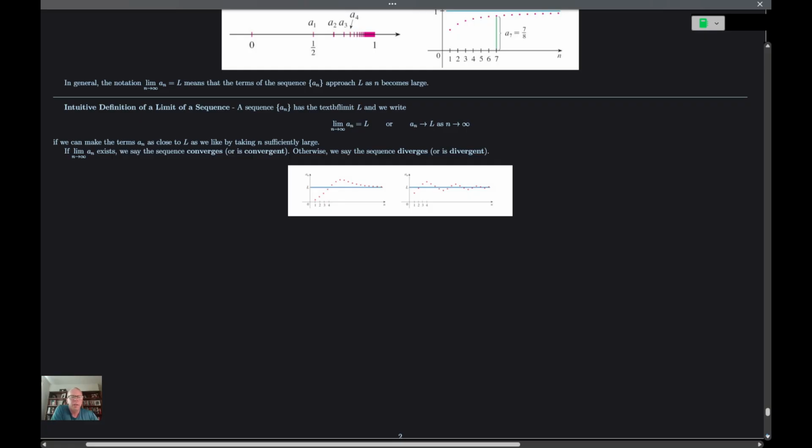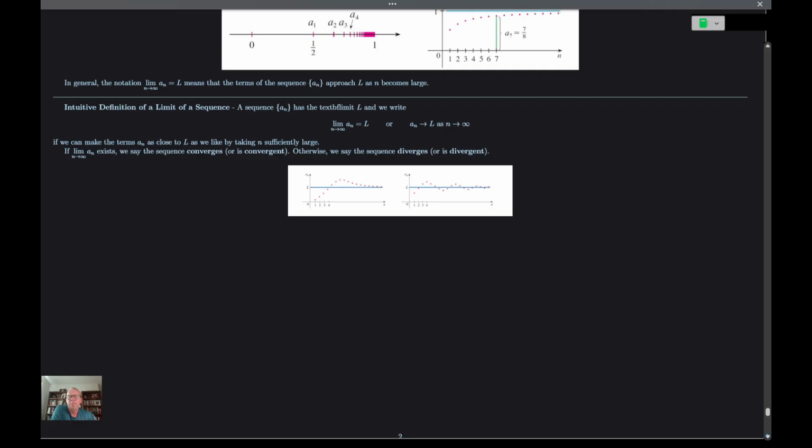All right, so the intuitive definition. We have the limit as n approaches infinity of a sub n equals L, or a sub n goes to L as n goes to infinity, if we can make the terms a sub n as close to L as we like by making n sufficiently large.